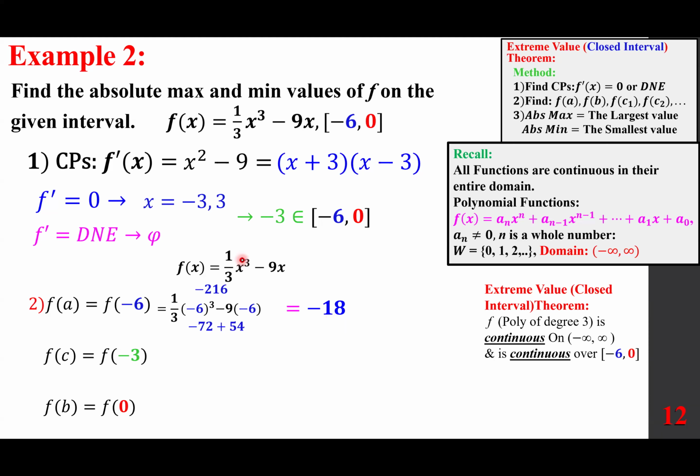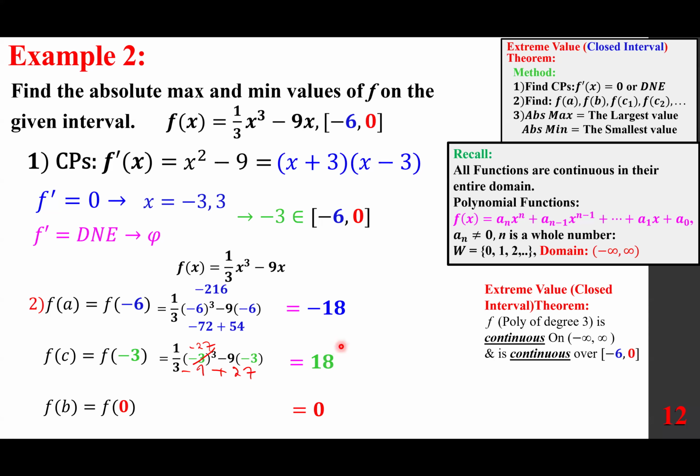Let's plug in negative 3. Cubed is negative 27, 1/3 of it is negative 9. Plus 27 is positive 18. And if you plug in 0, clearly you get 0.